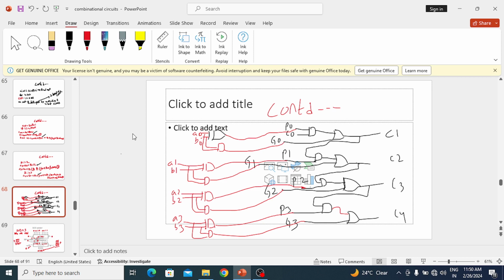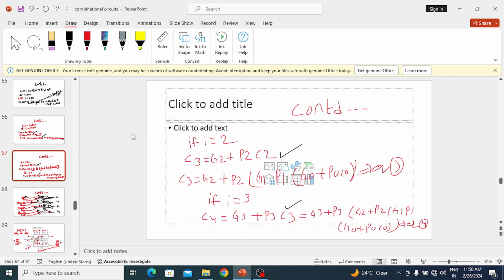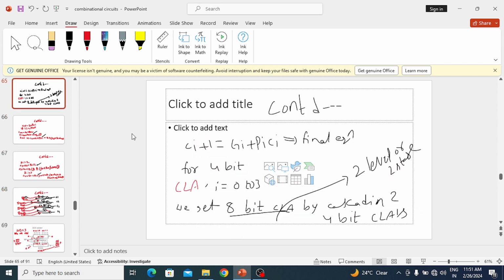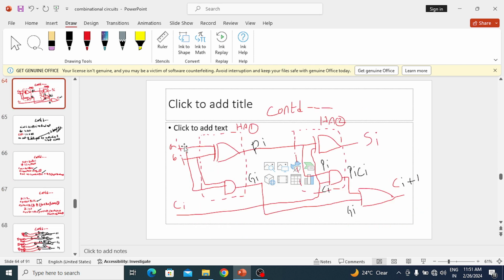What is this G0? G0 equal to A0 AND B0. Here 0 means i equal to 0 in that sense.